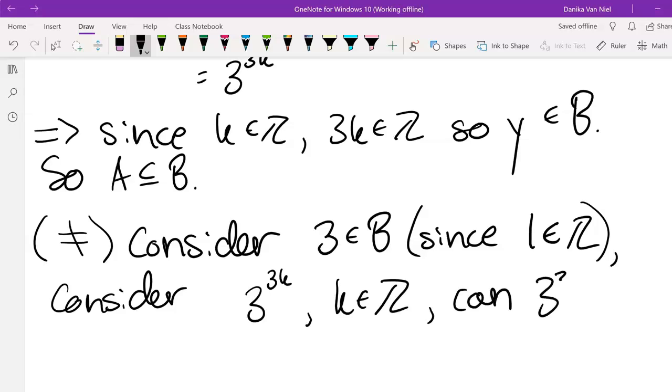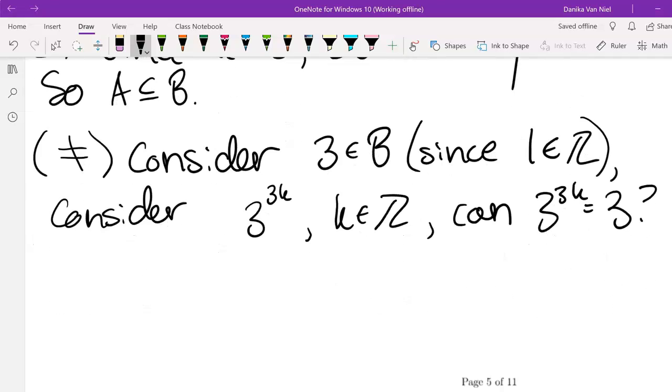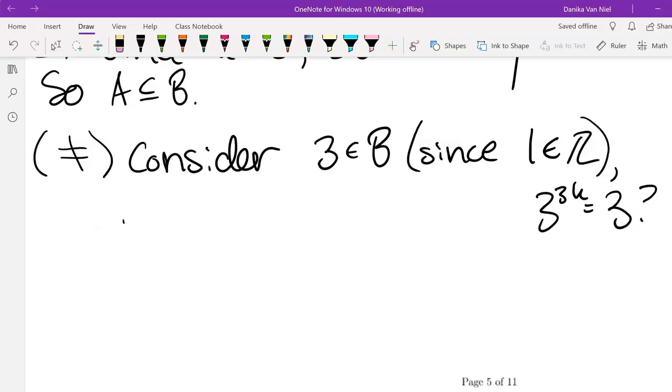Can 3 to the 3k equal 3? Alright, so you can do a lot of things with this. You can do some ln stuff, or you could do proof by contradiction. Actually, that's probably the best. Alright, I'm going to do that. Sorry I keep changing my mind.